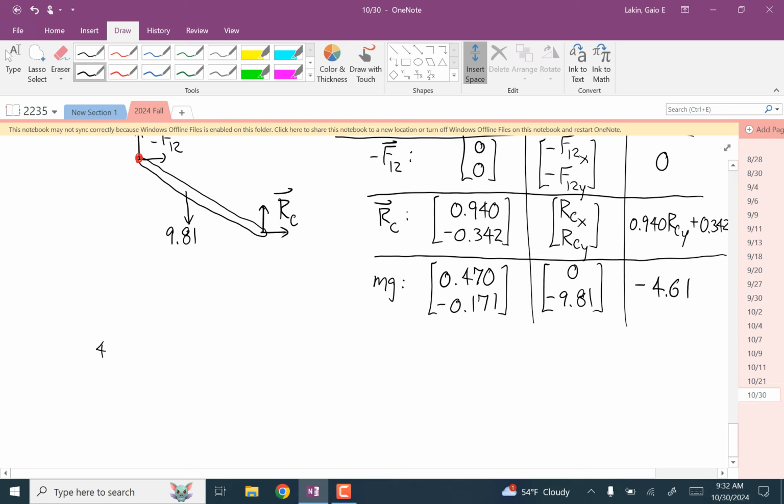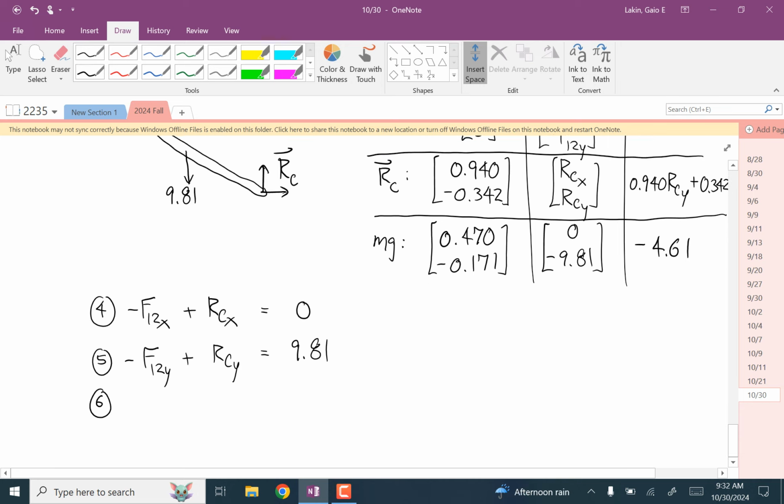So equation 4 for our system is negative F12X plus RCX is equal to 0. Equation 5 says negative F12Y plus RCY is equal to positive 9.81.